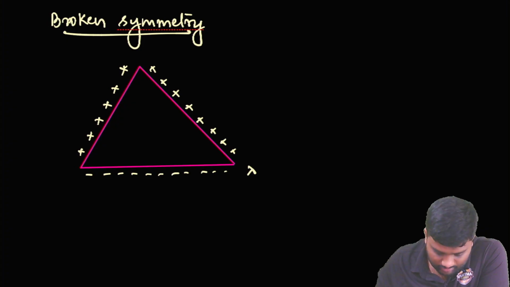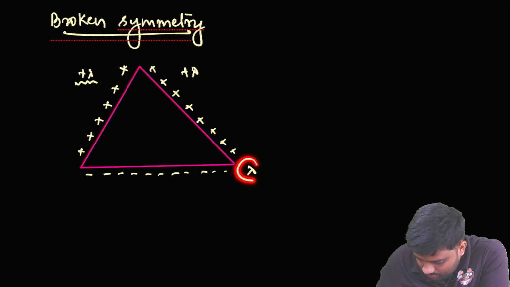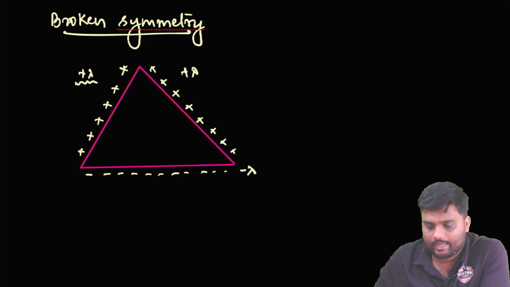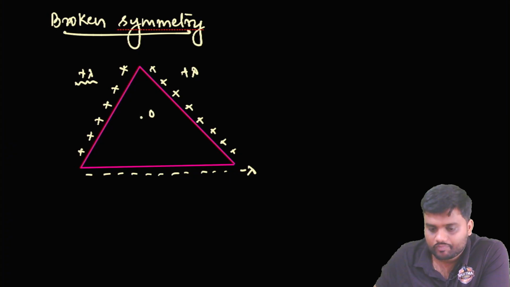Now what we do is, this is plus lambda, this is also plus lambda, but this is minus lambda. You need to find out the electric field at this point O. Now sir, it is very simple.